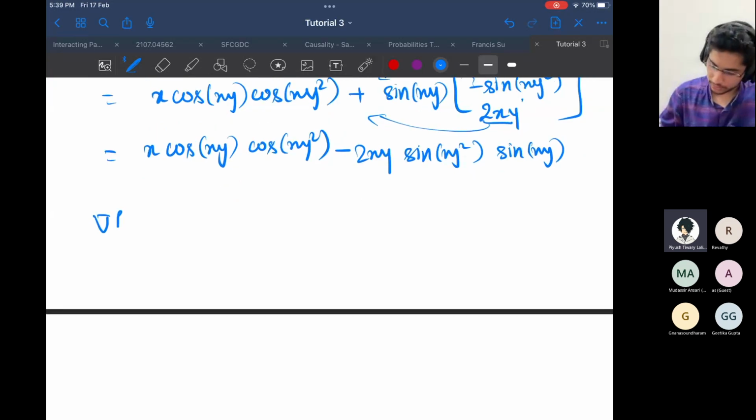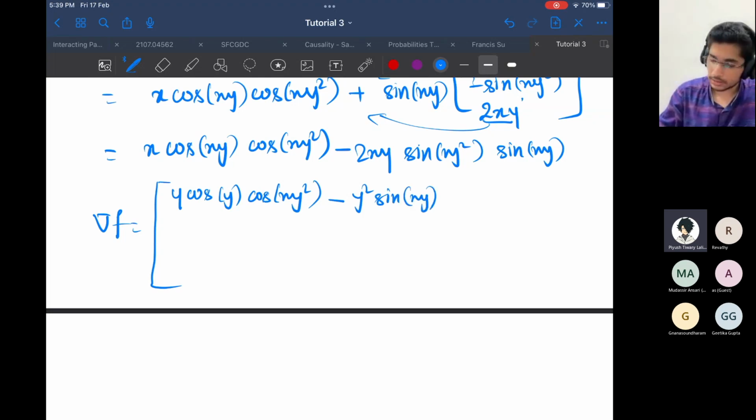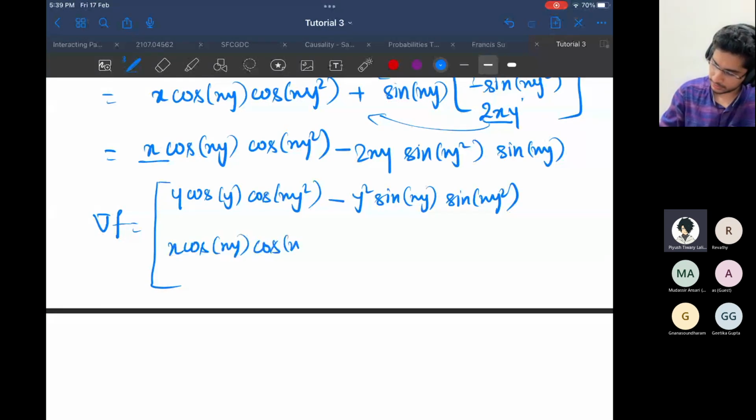So if I have to write the entire term, the first term will be y cos of xy square, that we calculated when we differentiated with respect to x, sine of xy square, and this will be the second term, x cos of xy, cos of xy square minus 2xy sine of xy square, sine of xy.